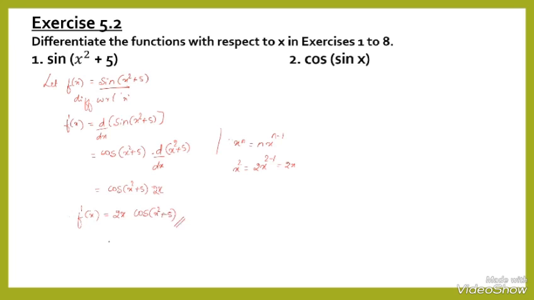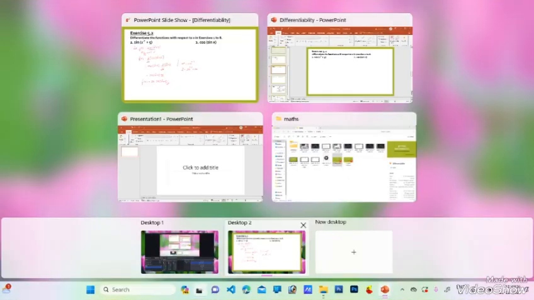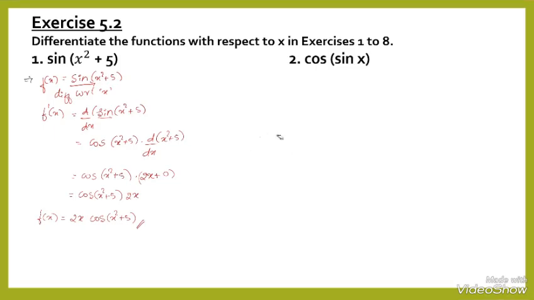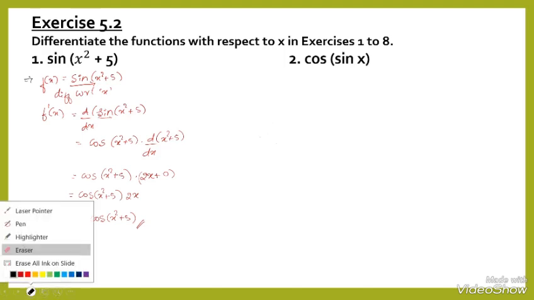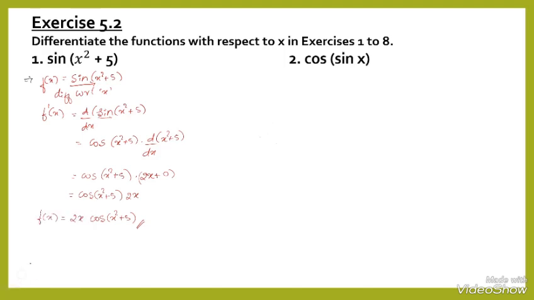I will move on to the second one. Here the function is f of x is equal to cos of sin x. Again we will differentiate from this side only, with respect to x.